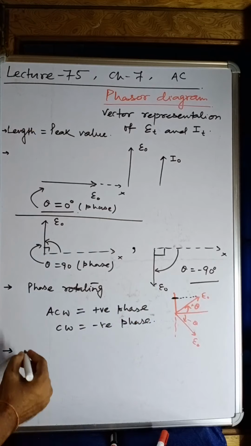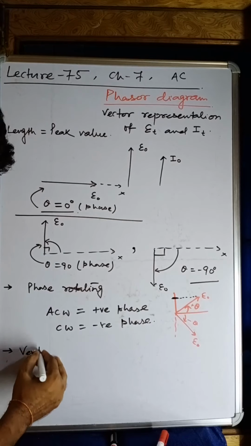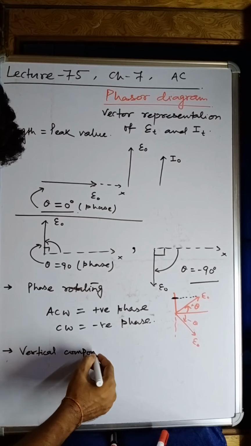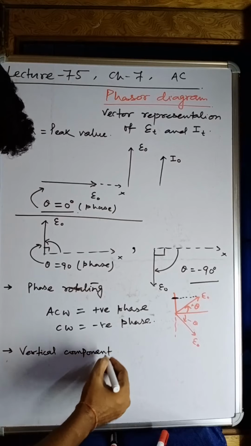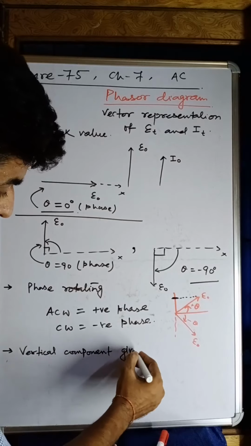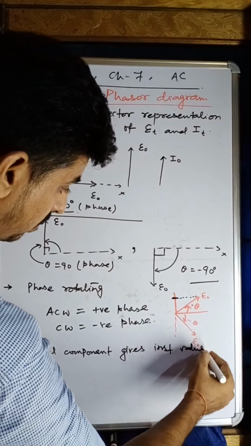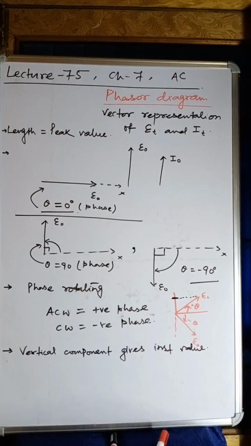So you can write: the vertical component gives the instantaneous value. This is the concept of phasor.